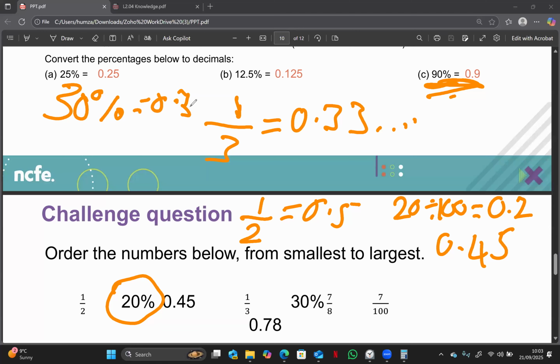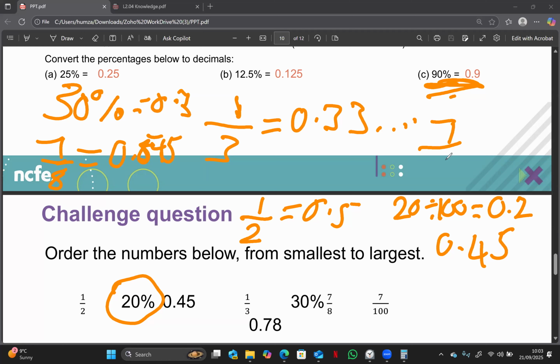And 7/8, what is that as a decimal? Remember what I just told you? Divide 7 by 8. And what's the answer? 0.875.